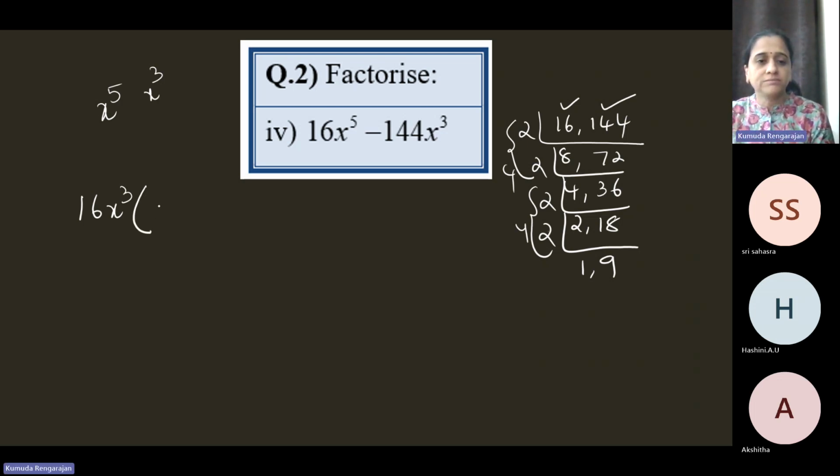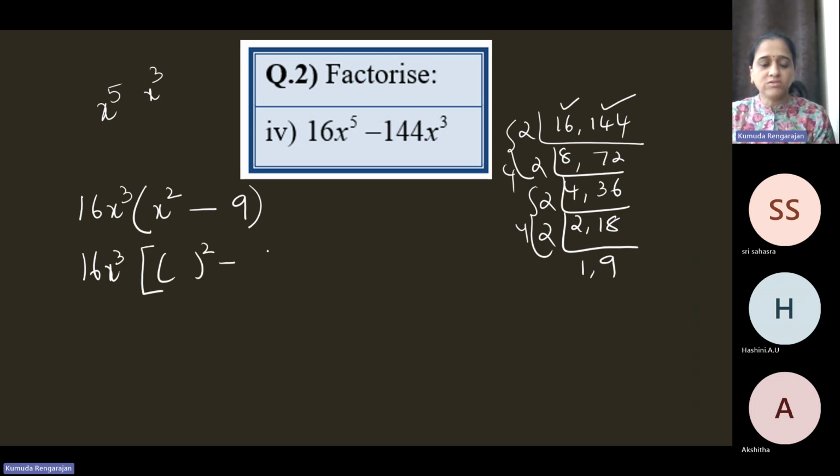Open bracket, x squared, because x cubed into x squared, 3 plus 2, 5, you get the first term, minus 16, 9 times 144. I have already x cubed there, close it. So 16x cubed, we have nothing to do with this. In the bracket, something the whole squared minus something the whole squared.